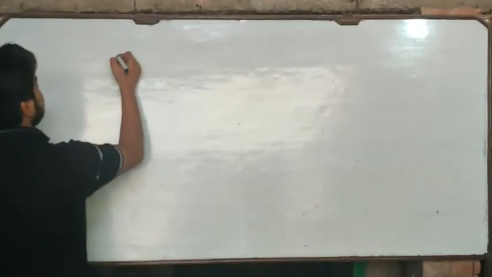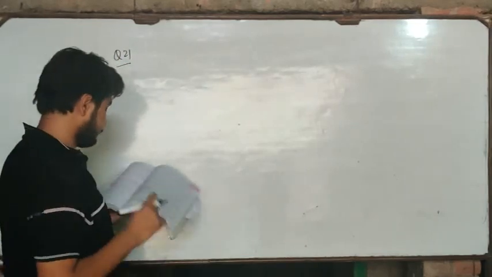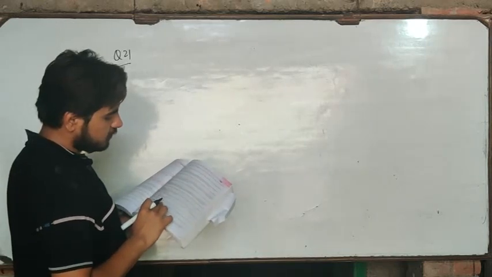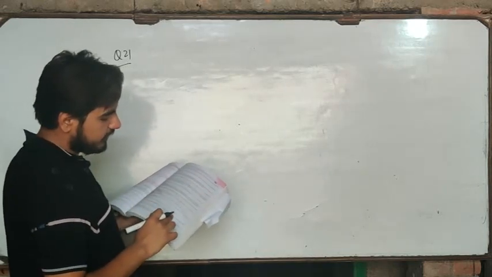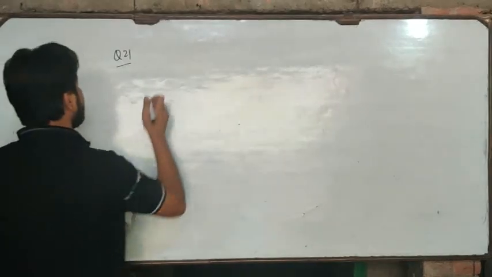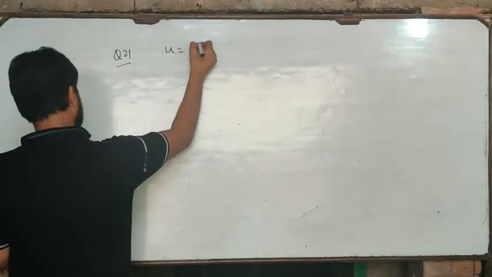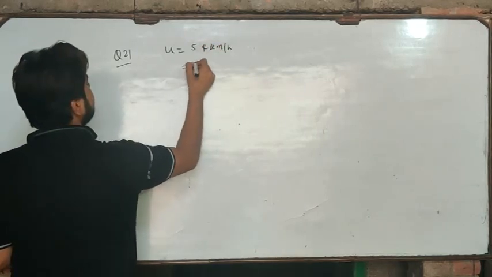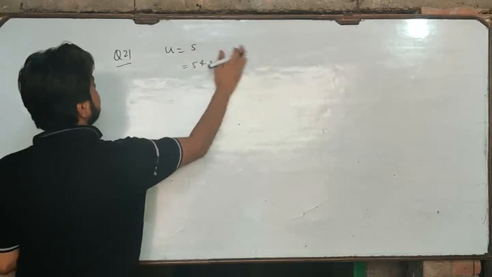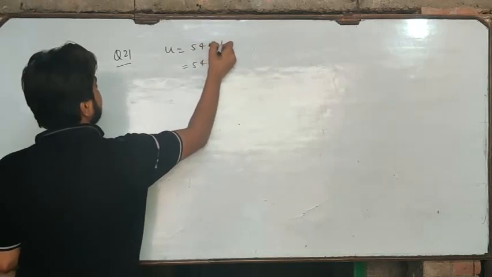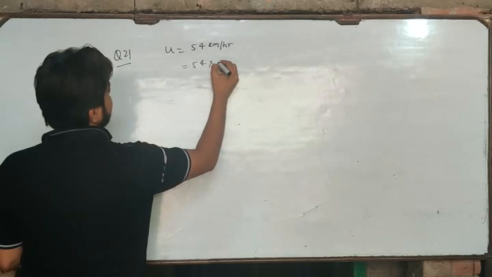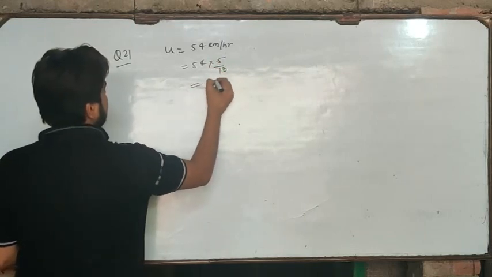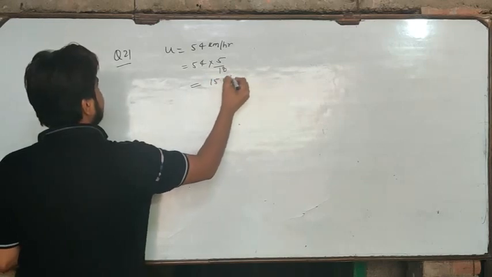Question number 21. A car traveling at 54 km per hour slows down to 36 km per hour in 10 seconds. Find the retardation of the car. Here u is equal to 54 km per hour. We have to change it into meter per second. 54 km per hour, so 5 by 18, is 15 meter per second.